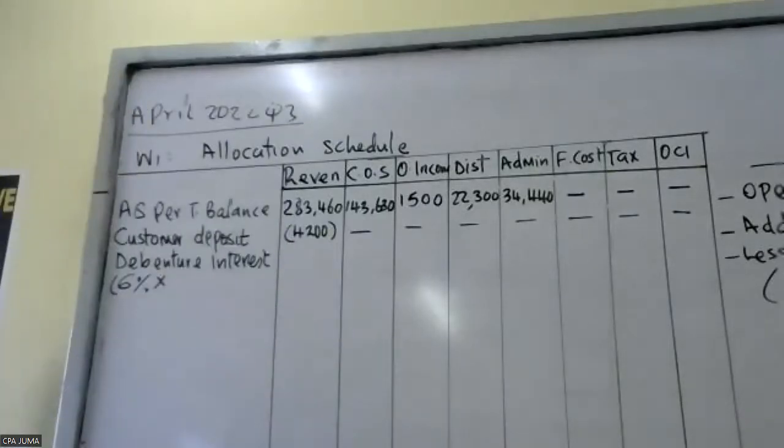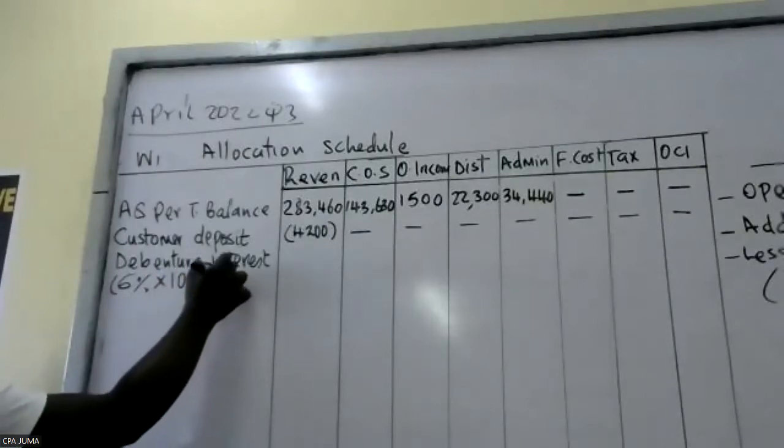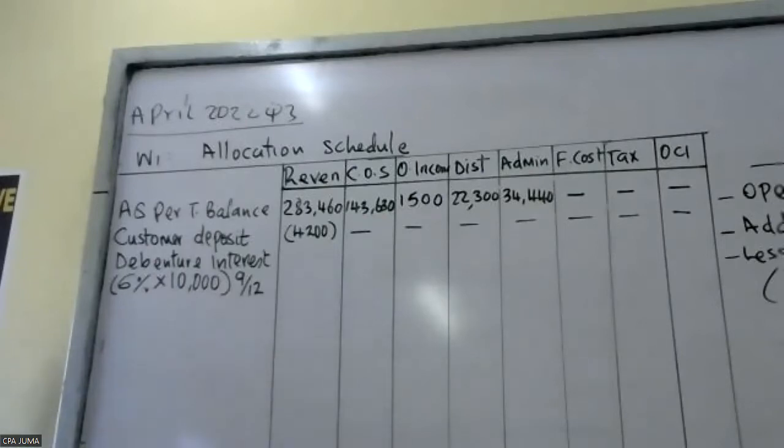10,000. So you take 6% times 10,000. But this you multiply for 9 months.